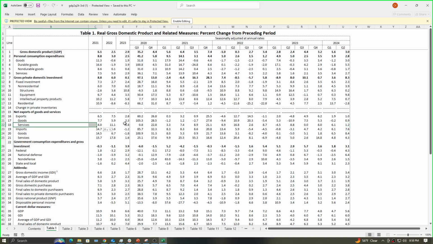Services, 1.2. All right, what about imports? We imported a total of 7.6%. Right, this is importing from China, India, Mexico. Goods, these are the chips, right? Them chip makers. Yeah, I know y'all like playing TSM and NVIDIA. This is where that falls into.